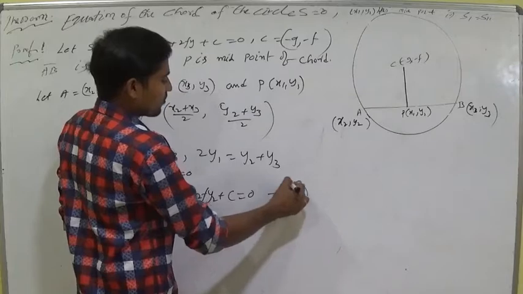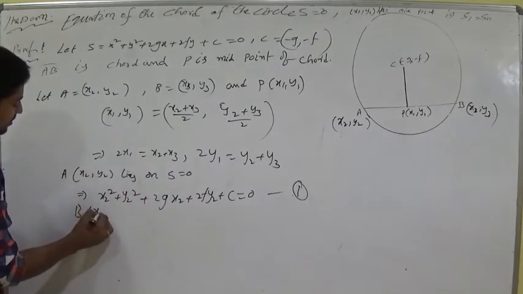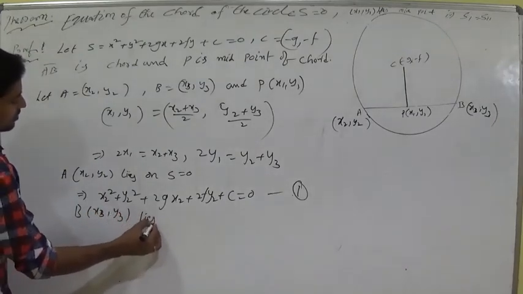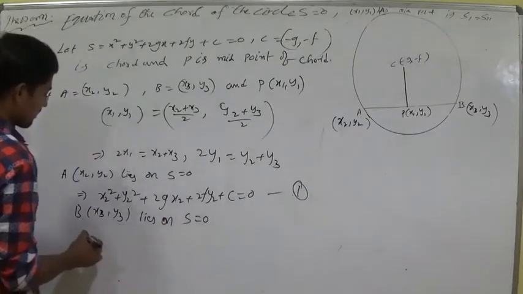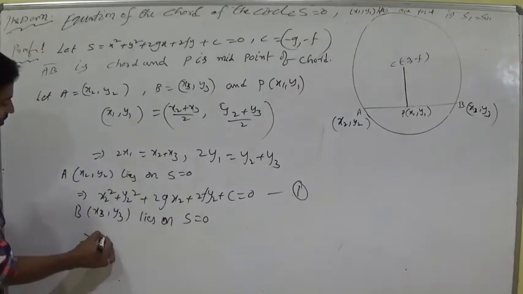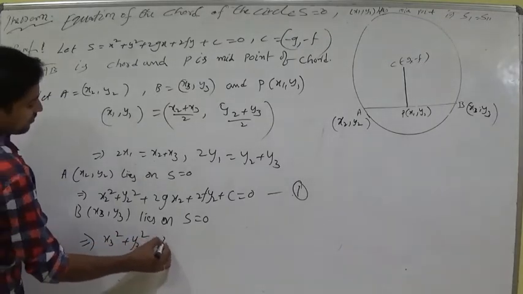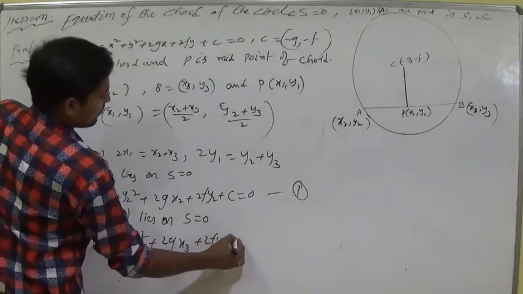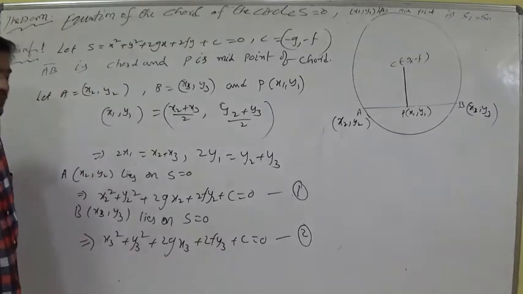Suppose this is 1. And B (x3, y3) lies on S equal to 0, implies x3 square plus y3 square plus 2gx3 plus 2fy3 plus c equal to 0. Suppose this is 2.